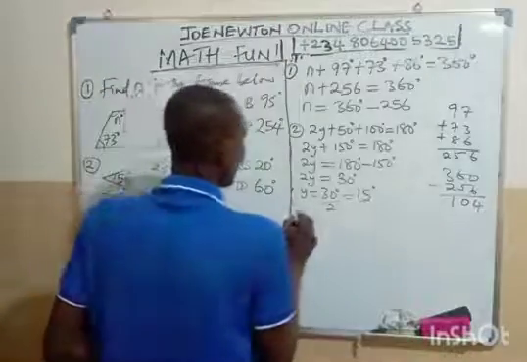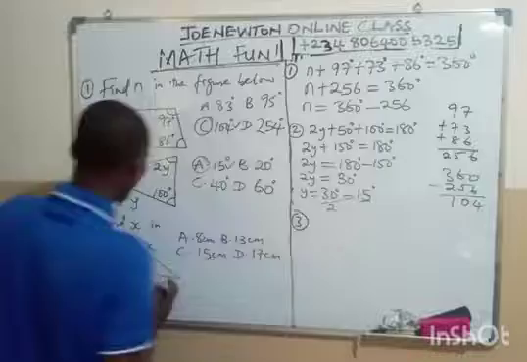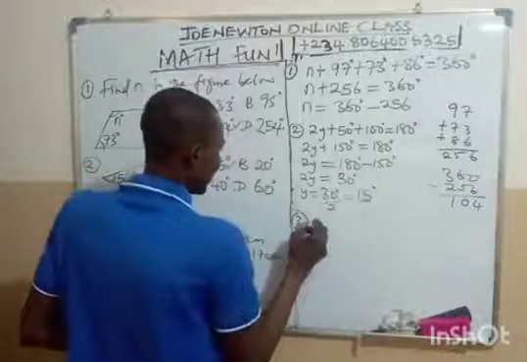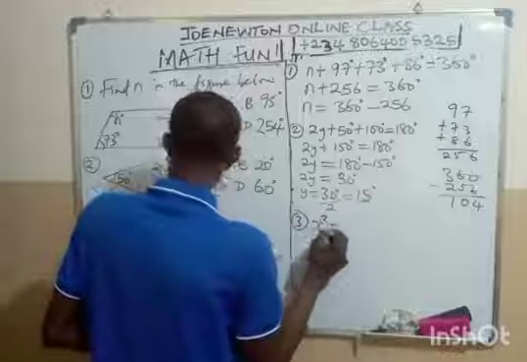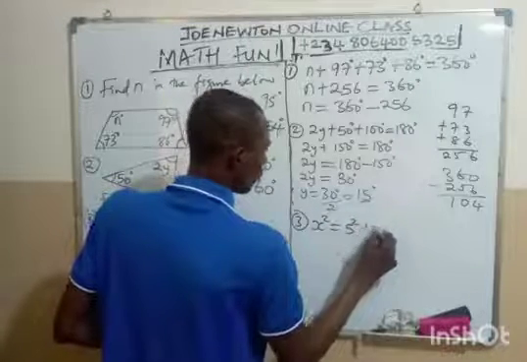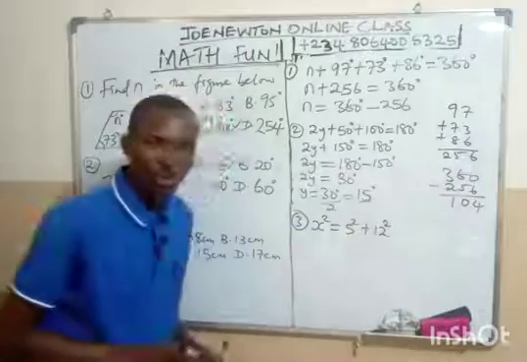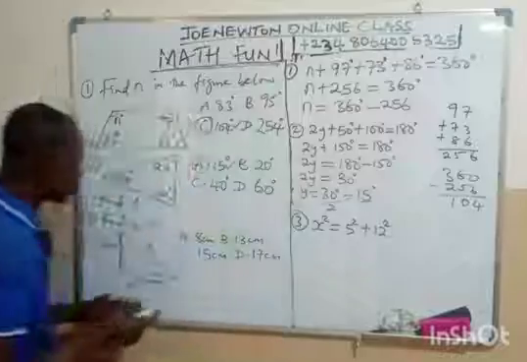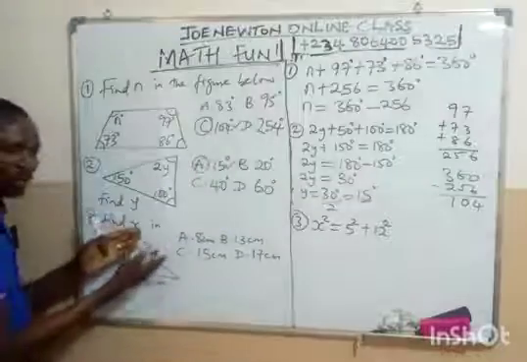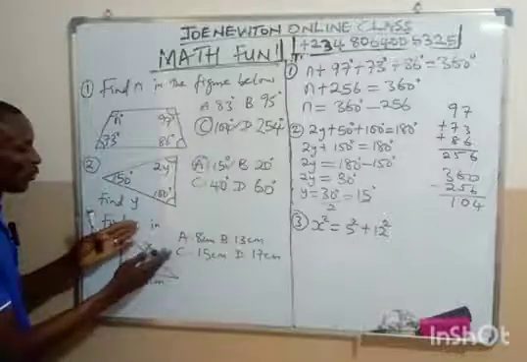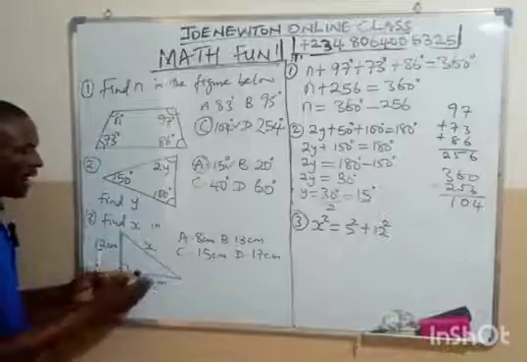With this now, number 3, we're interested in the sides, not the interior angle. So for the sides, we have that x squared is equal to 5 squared plus 12 squared, according to the Pythagoras rule. But if you are looking for any of the other two sides apart from the hypotenuse, it will be the opposite case. It will be the hypotenuse square minus the other available side square.